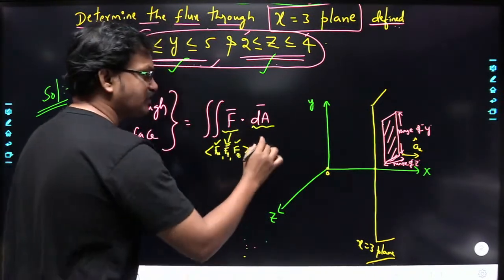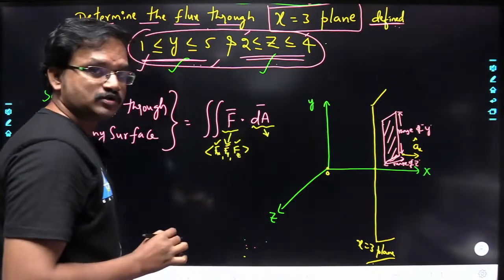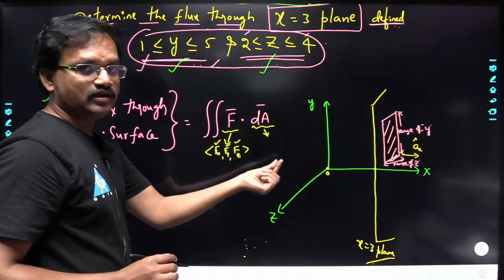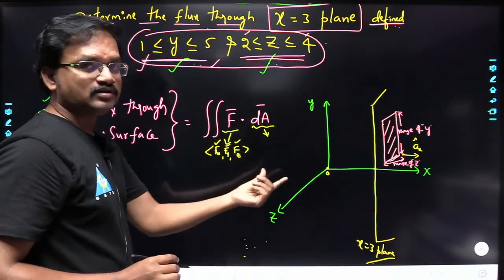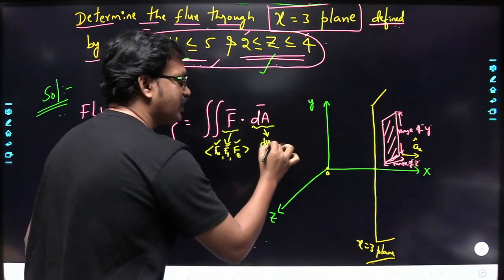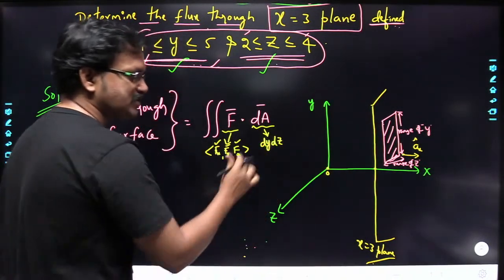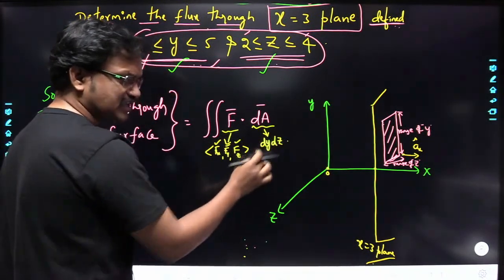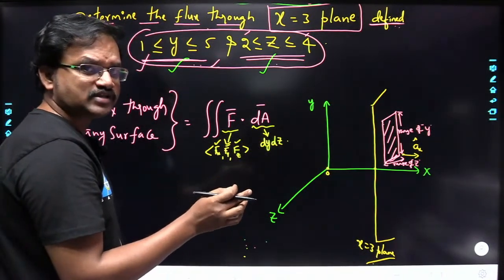So since y and z are variables, you have to multiply the differential length along y into the differential length along z. dA bar is nothing but dy dz. And what is its direction? The direction of any surface will be perpendicular to that surface, yes or no?